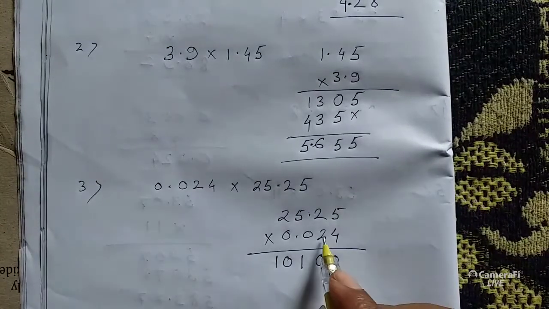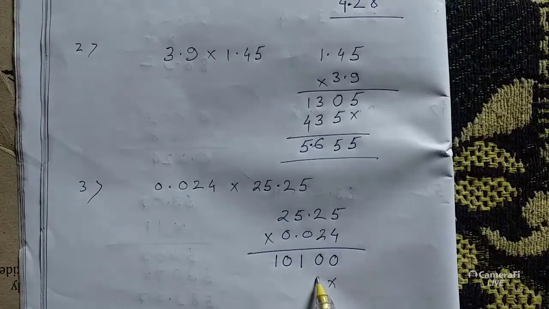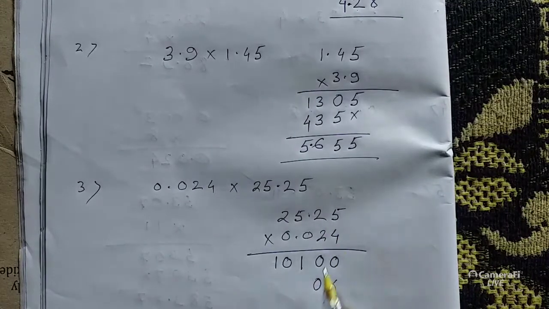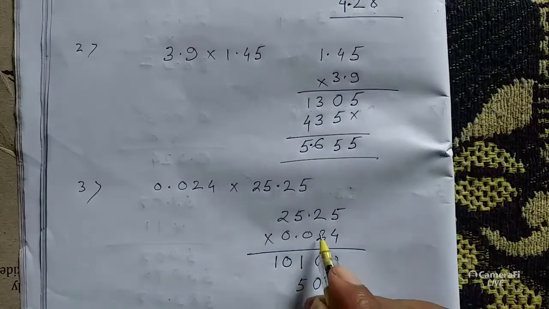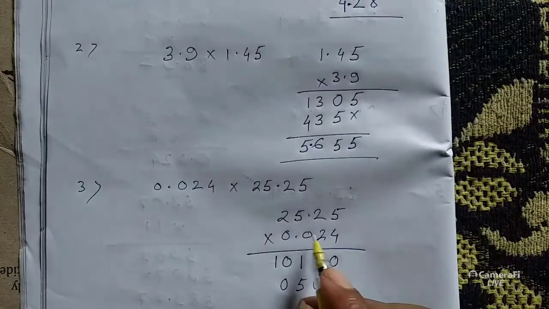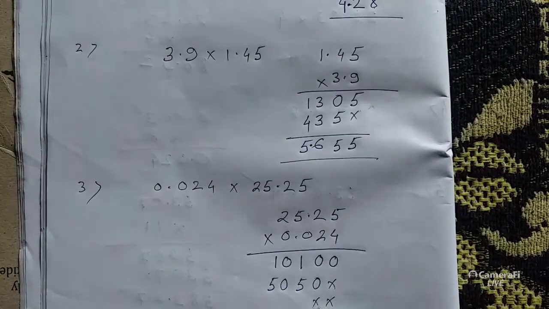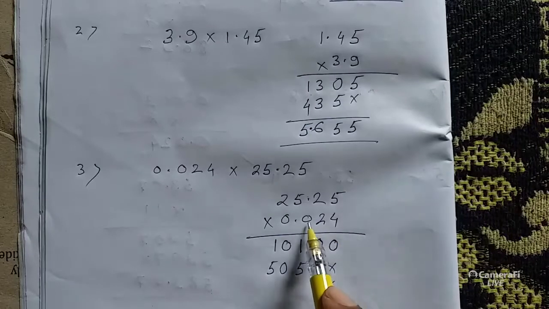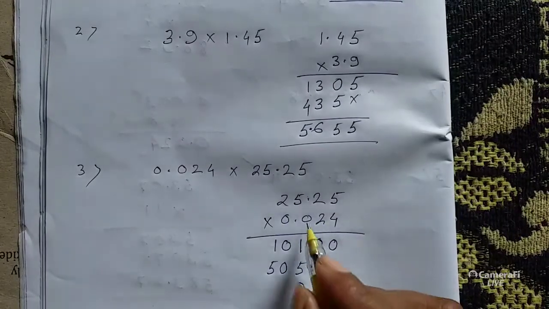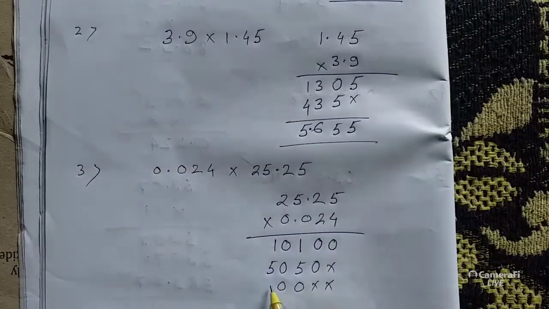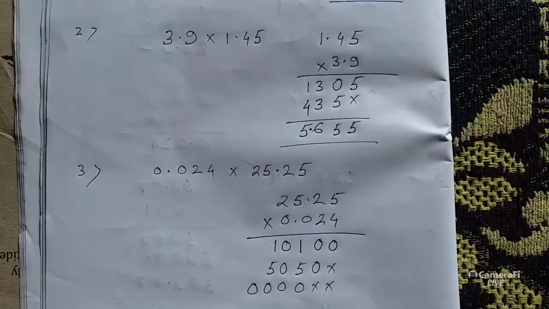Give a cross sign. Now multiplied by 2, 2 5s are 10, 1 carry. 2 2s are 4 plus 1, 5. 2 5s are 10, 1 carry. 2 2s are 4 plus 1, 5. Double cross. Now there is another digit 0, so 0 in each place.